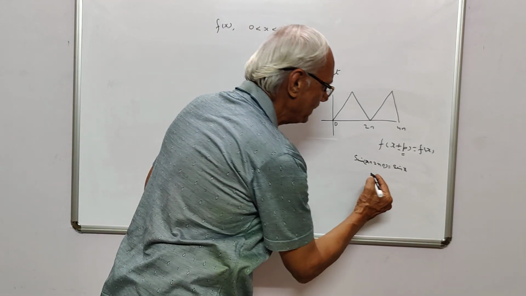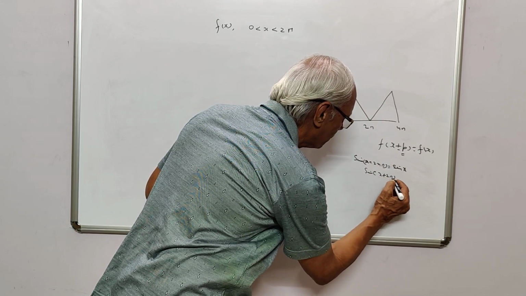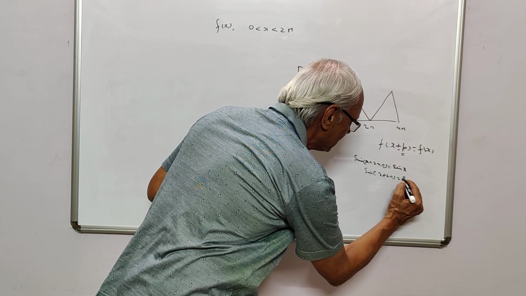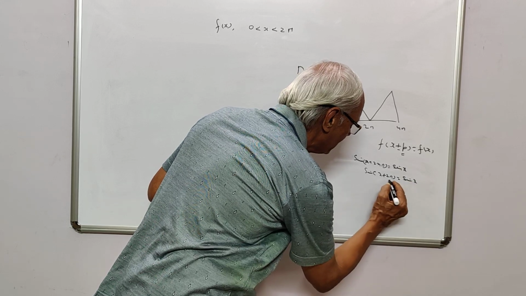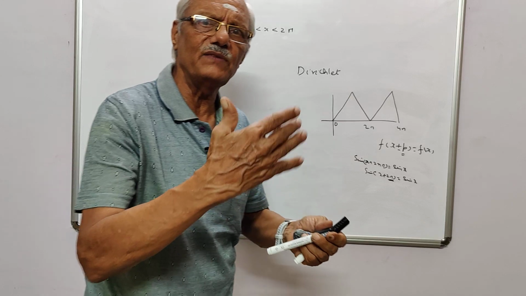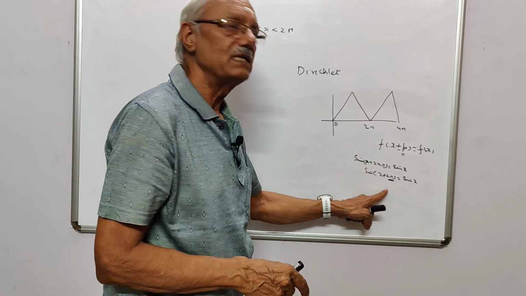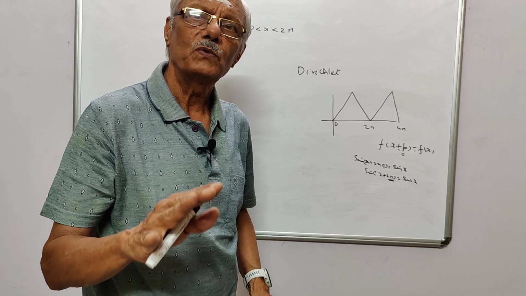But I can write this as sine of x plus 2 pi is equal to sine x, and you see that this 2 pi is the least number for which the sine function gets repeated. Therefore, the period of this sine function is 2 pi.